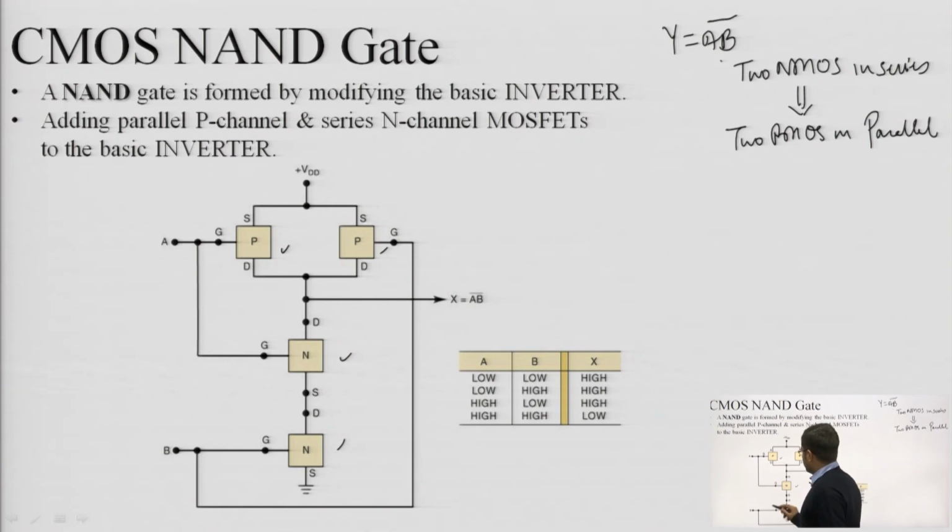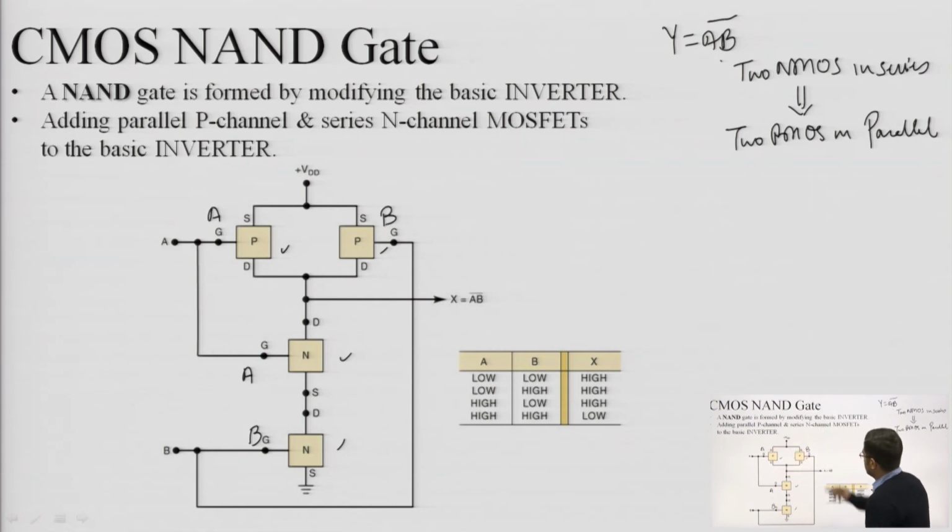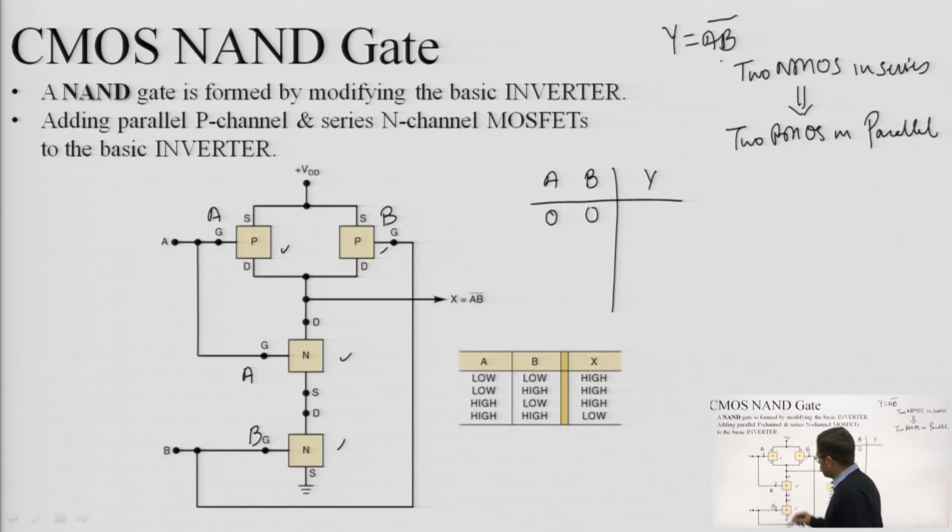So this is A, this is B. Similarly, this is A and this is B. Simply, we have connected to both these directions separately. Now if I apply 0 0 here, both inputs are 0.